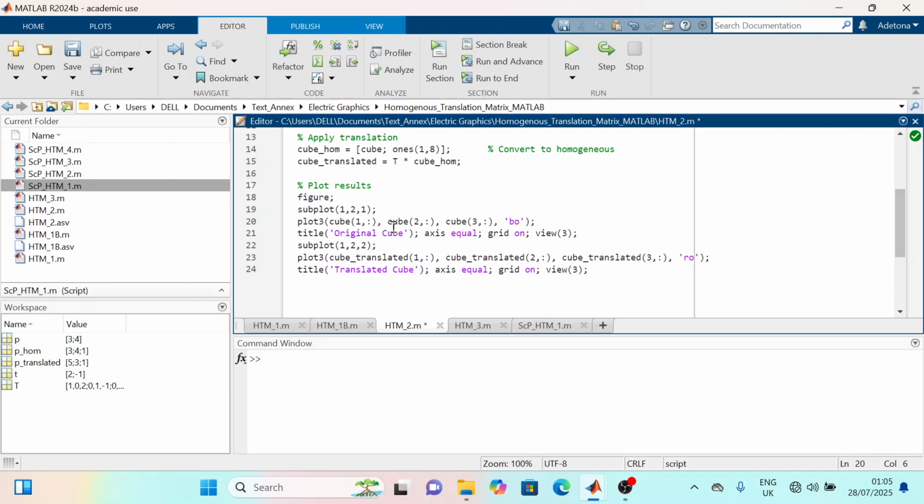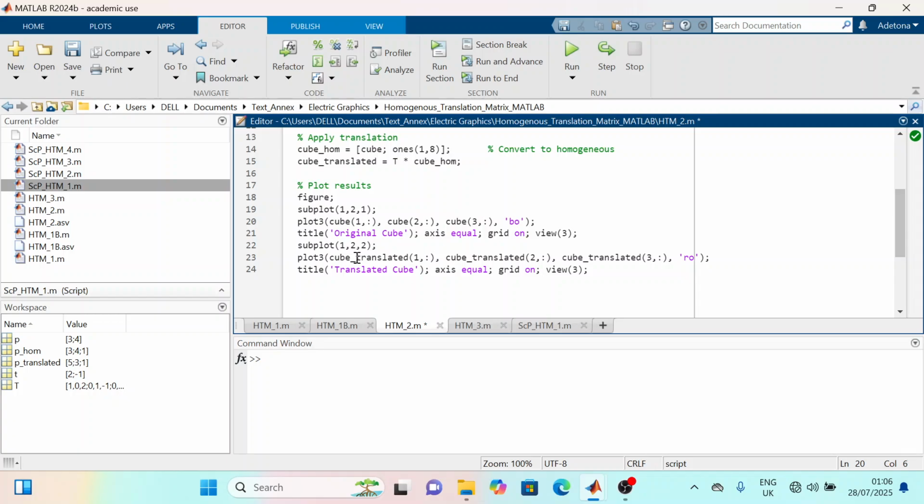Having done this, we need to indicate the color of all the vertices using blue, and we are making use of hold on to indicate that. Then the title of this plot is original cube, and we use axis equal, as I've told you before, that is, leave the dimensions of the axis, x minimum and x maximum, to MATLAB so that you can think about another thing entirely.